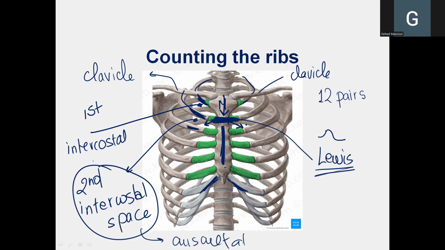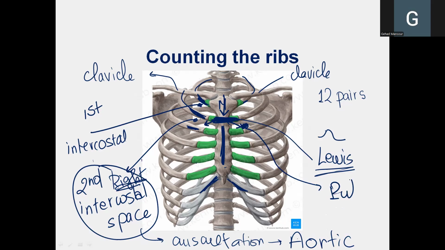The second right intercostal space, you have to mention the site, is the site where you can best hear murmurs from the aortic valve, and that's why we call it the aortic area. Similarly, the second intercostal space to the left is where you can best hear the pulmonary sounds.